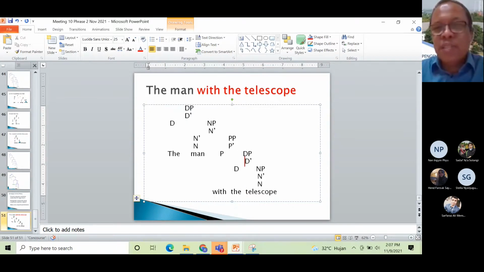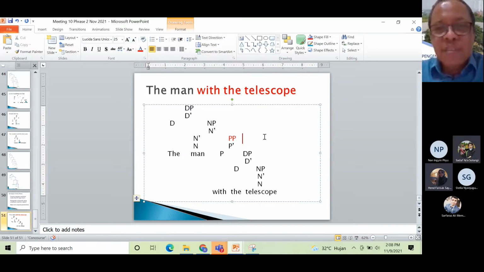Now let's check here. You just use lines to connect the entities. Now I would like to ask you, the prepositional phrase "with the telescope," is it adjunct or complement? It is adjunct. Okay, check. What is the position of adjunct?